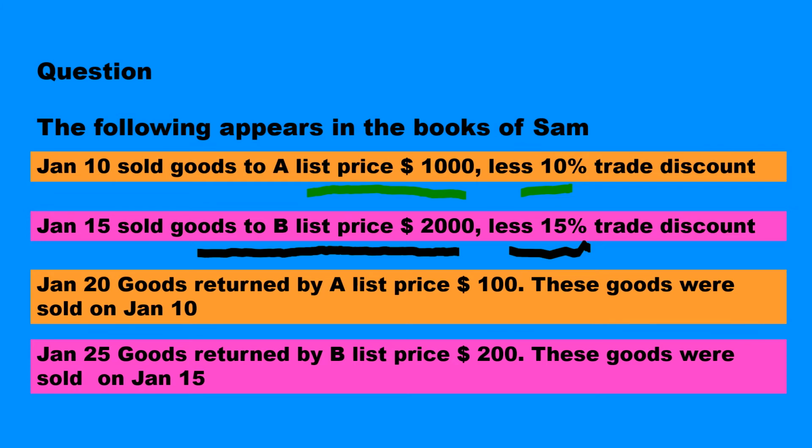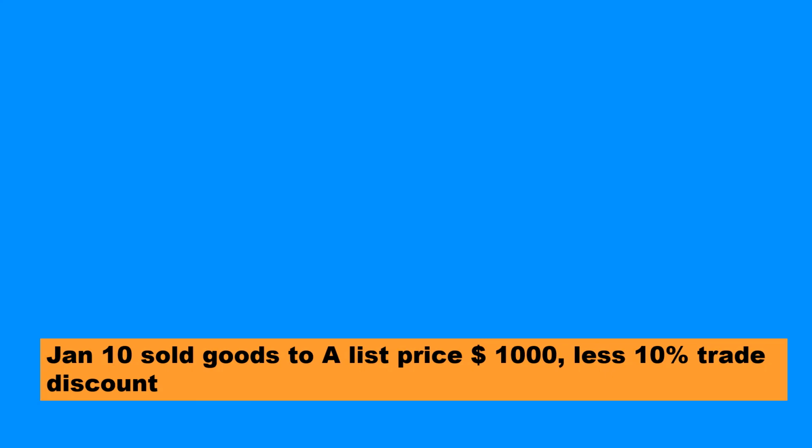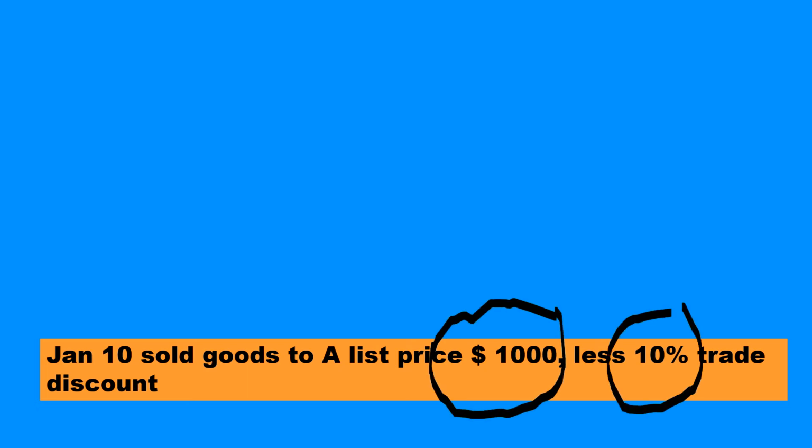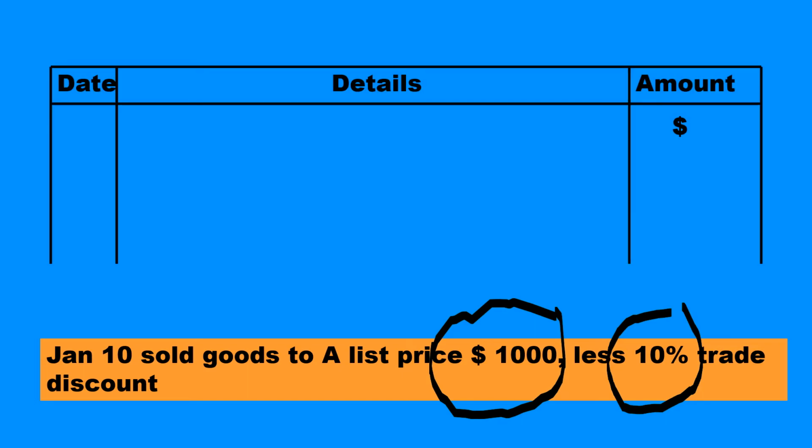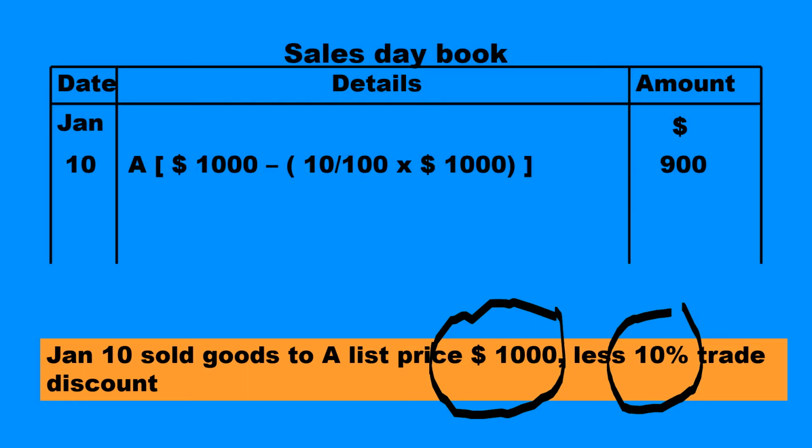Now let's concentrate on the first two, that is selling goods to A and selling goods to B: list price, and then deduct the trade discount. Whenever we sell goods on credit, it is recorded first in the subsidiary books. Therefore, for goods sold to A, list price 1000 less 10% trade discount, we open the sales day book, write the date, A 1000 less 10% of the 1000 gives a net amount of 900.